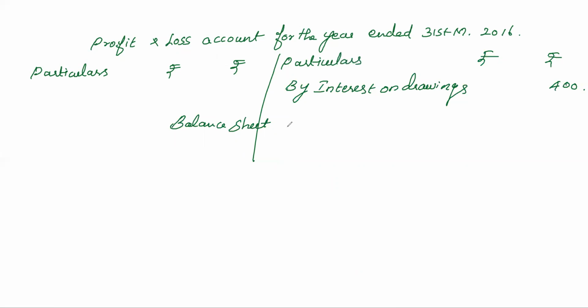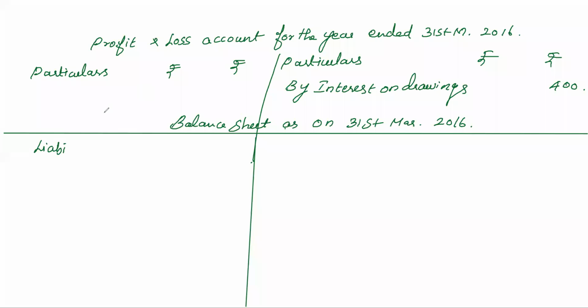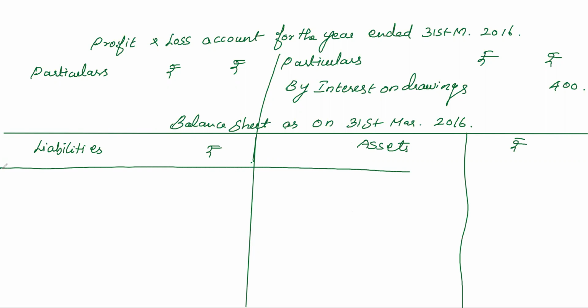So next we prepare the balance sheet as on 31st March 2016. Liabilities amount. Then assets amount. So liabilities side pathina capital amount how much ma sambala namakku kuduthirukanga, 1,50,000 minus drawings.